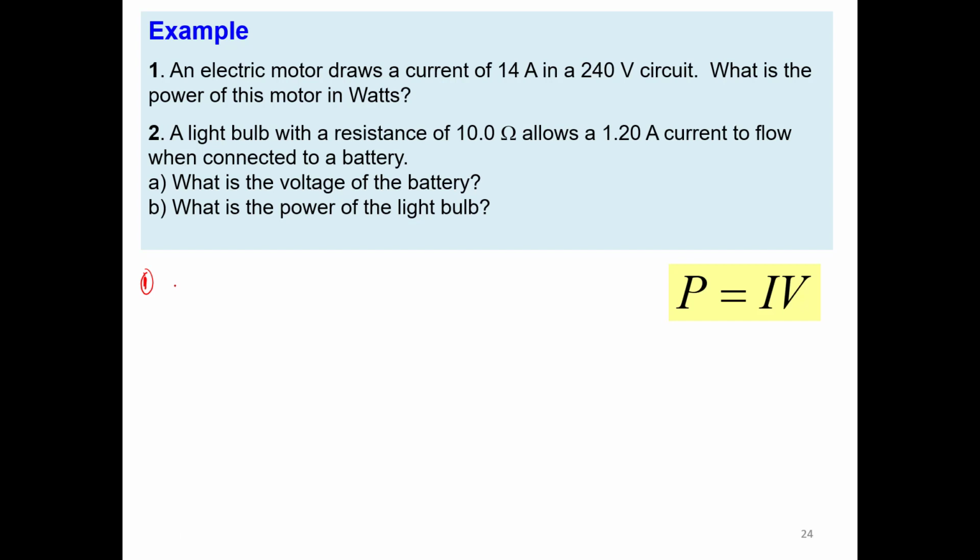Then we know the current is 14, and let's write in the way we did before. The voltage is 240 volts, and we want to calculate what is the power.